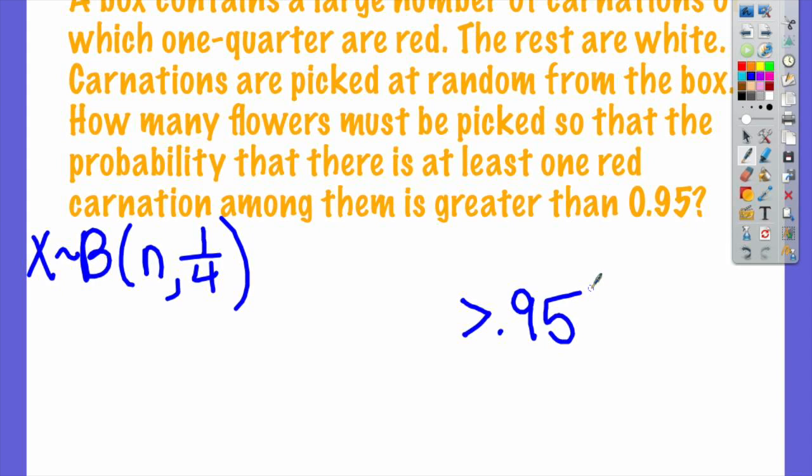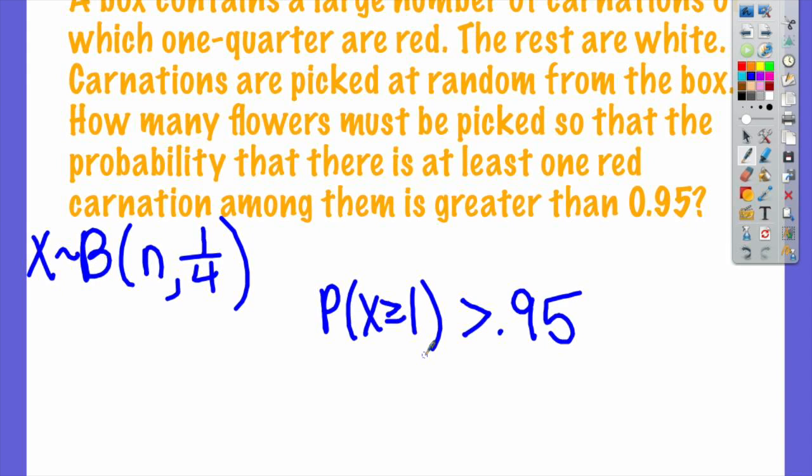What equation? If I know that the probability of at least one red is greater than 0.95, how do I represent that? The probability that x is greater than or equal to 1 has to be greater than 0.95, but we have an issue when we use this.